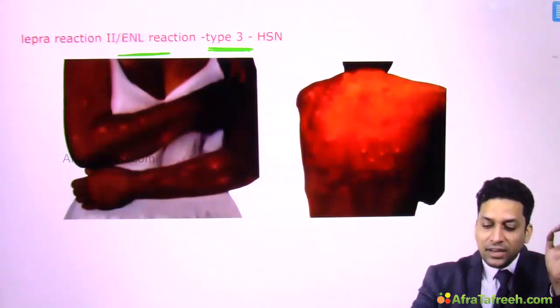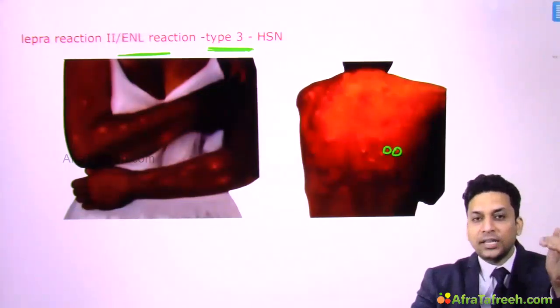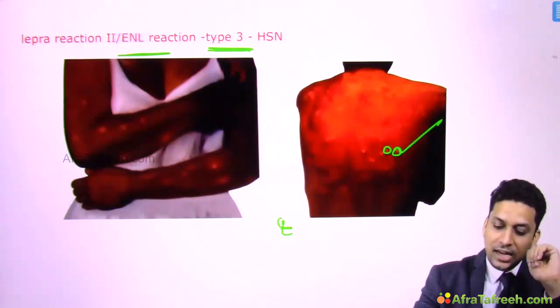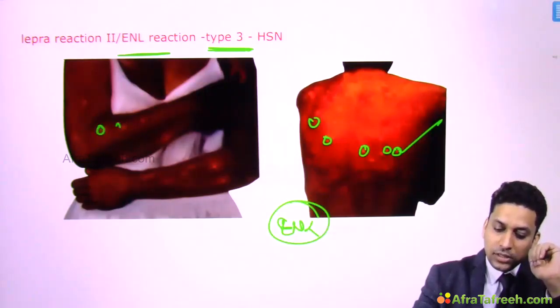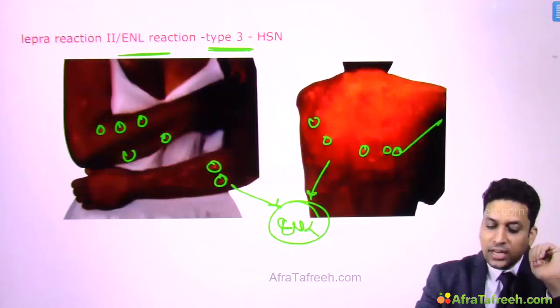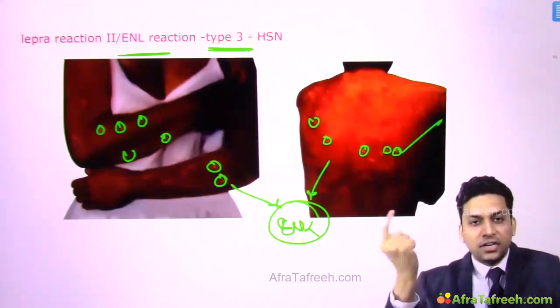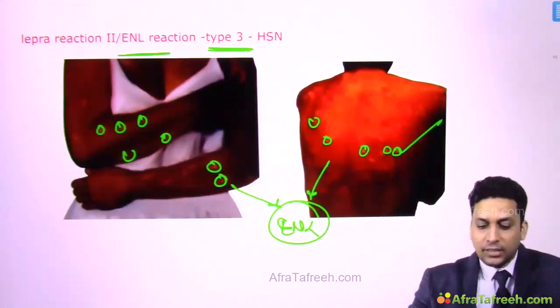So that is the reason why these nodules are formed, because immune complexes get deposited in the skin leading to these nodules, and that's why it is known as ENL reaction, erythema nodosum leprosum. So all these nodules which are seen over the skin, these are ENL lesions. Other than skin involvement, I told you there can be immune complexes deposited in the testes leading to orchitis or iridocyclitis, or it can lead to arthritis.